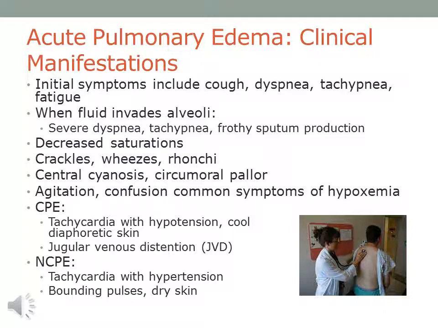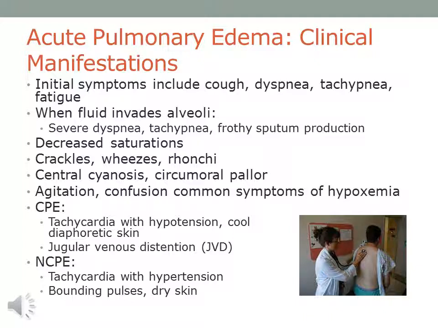But regardless of the type, the first thing you might see is that cough, that shortness of breath, the tachypnea or the increase in respirations, and fatigue. Remember, the lungs are struggling to get the air exchange like they would need to support the body. So whenever there's fluid building up around the lungs, whether it's because of the heart failure or because of some type of capillary permeability issue, the fluid's building up in the alveoli.